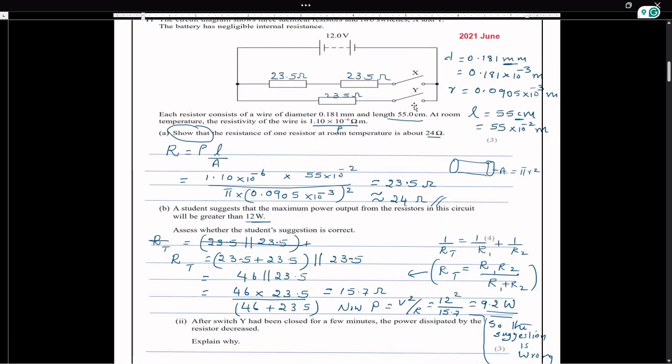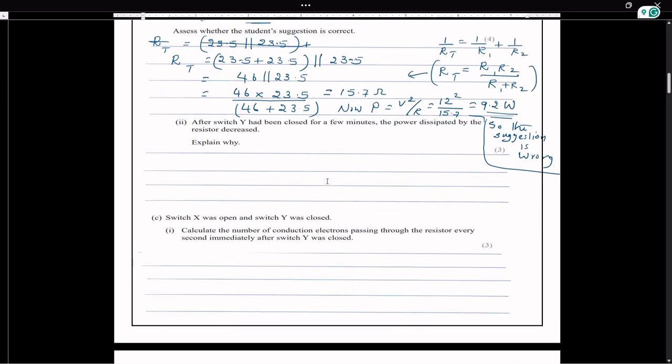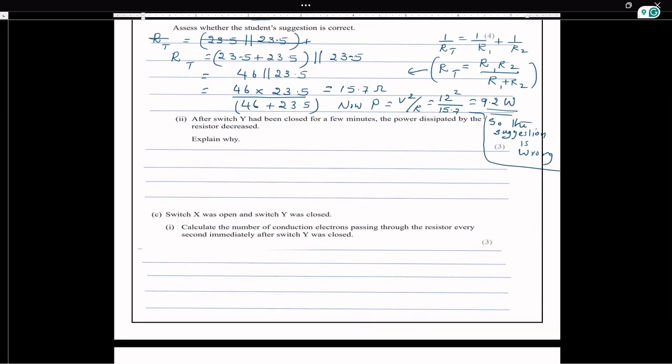When switch Y is closed, there is current flow through resistor R. The power dissipated by the resistor decreases. So let's write.